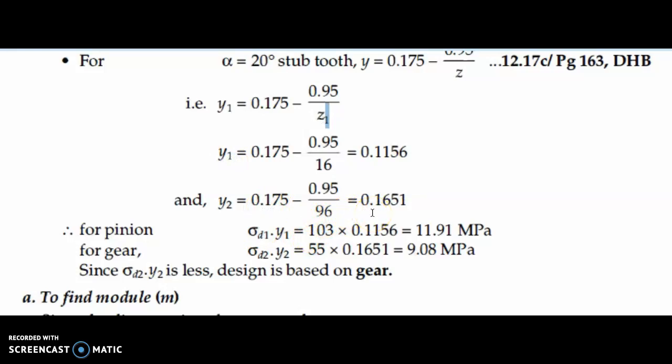Finally, we conclude the values: for the pinion, the strength factor is 11.91 megapascal, and for the gear the strength factor is 9.08. From this we identify the lesser value, which is the gear. The strength factor for the gear is lesser, that is 9.08, so our design is based on the gear only.